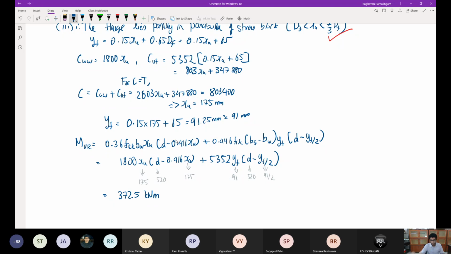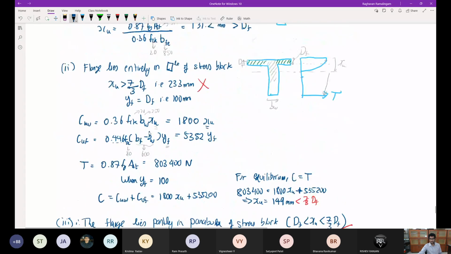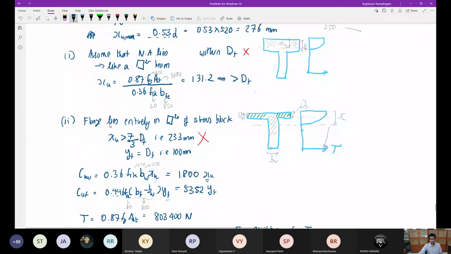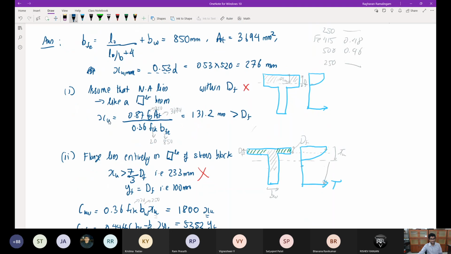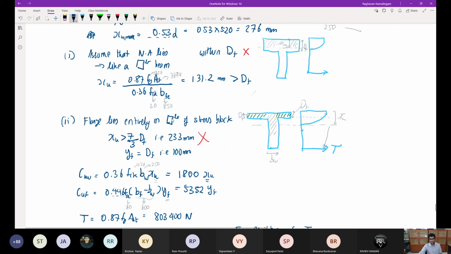Two problems we have done on T sections. Because we did two problems, I think now you will be a little bit more familiar with these three steps. Depending on what type of beam you get, if you're lucky, you may be able to stop with the first step itself.